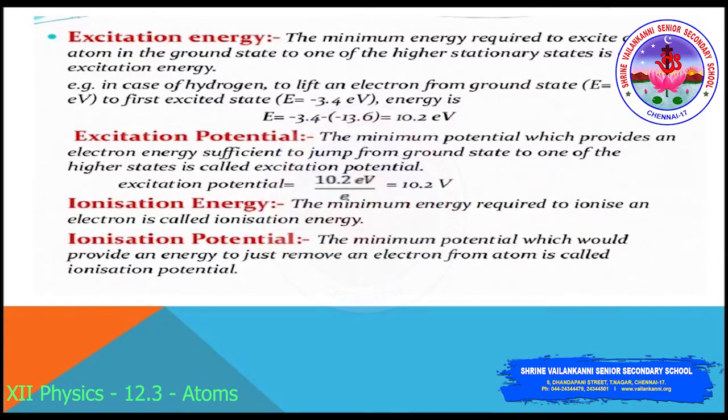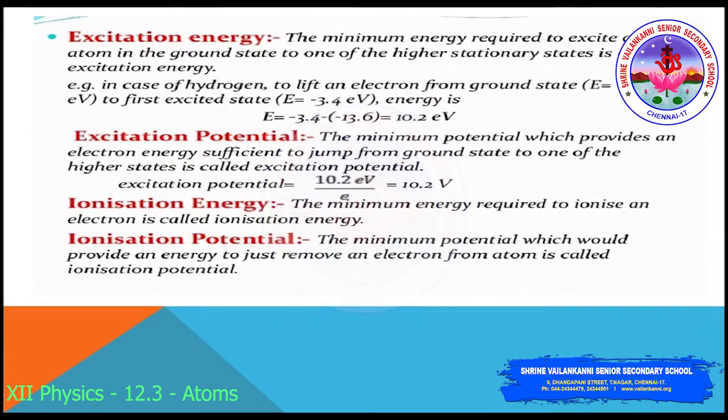It is the minimum energy required to knock an electron completely out of the atom. That means the energy required to take an electron from the ground state to the outermost orbit, where we can take n equal to infinity.